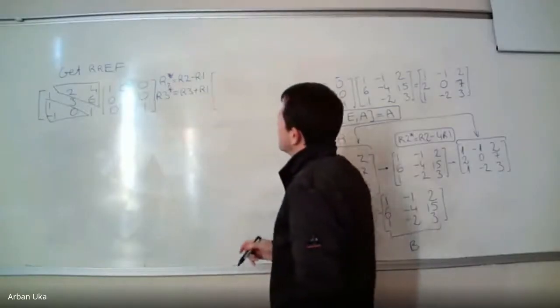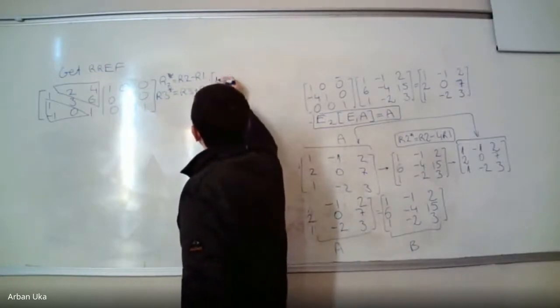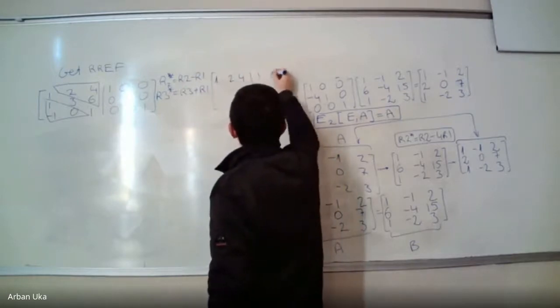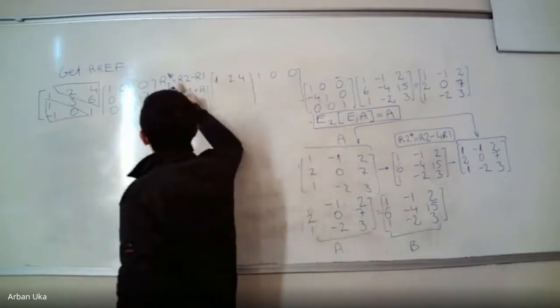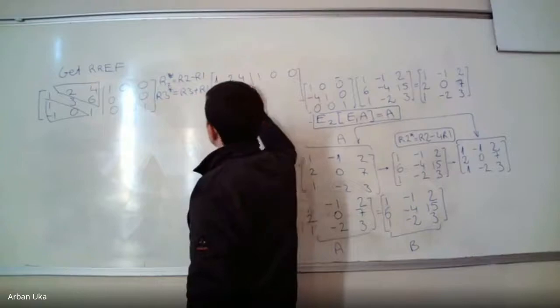Okay, so let's see what we get here. We're going to modify, row 1 is not going to change, it's a pivot row. 1, 2, 4, and this is 1, 0, 0. Then the second row is going to be row 2 minus row 1. We just subtract: 1, 0, 1, 2.